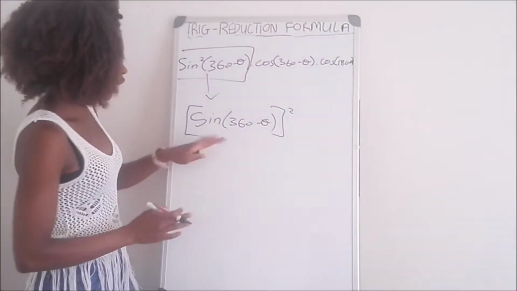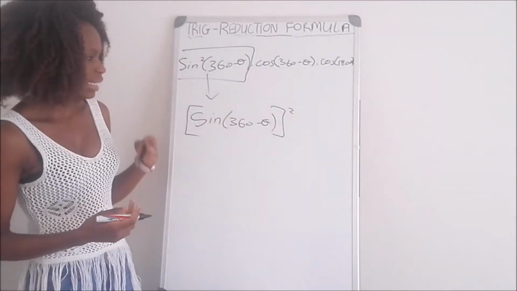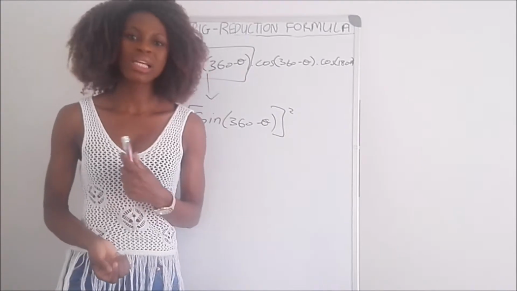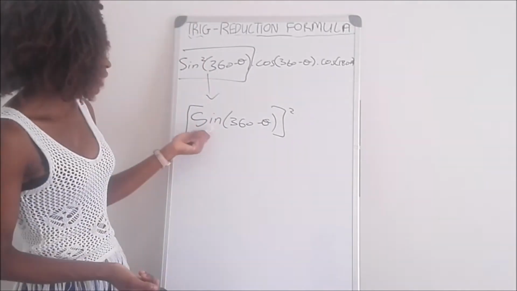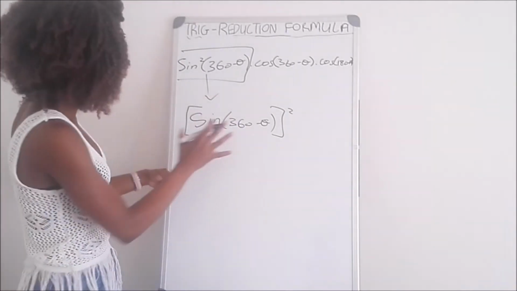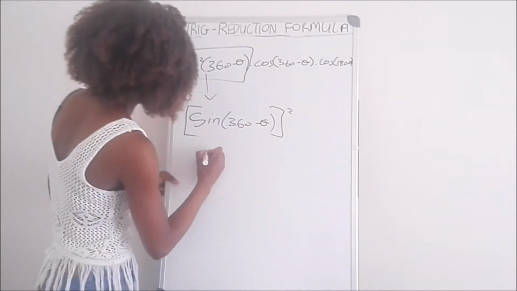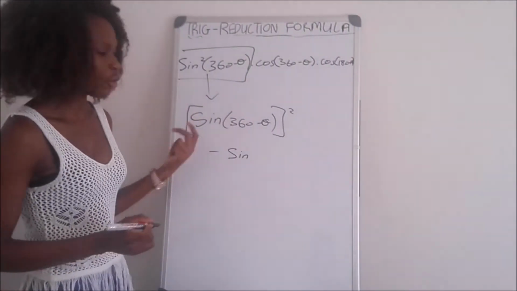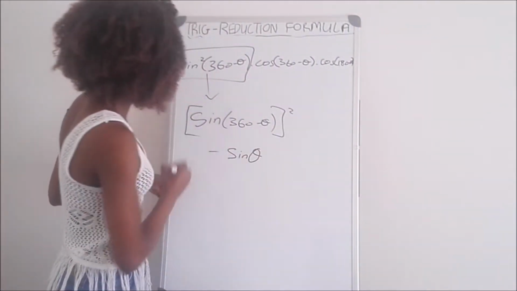Then with this one, we know that sine 360 minus theta is in the fourth quadrant, of which at that quadrant only cos is positive. That means that sine is negative at that quadrant. Then inside the brackets, still first solving what's inside the brackets, it will be negative sine theta, because sine theta is negative at the fourth quadrant. Alright, then this will be negative sine theta.